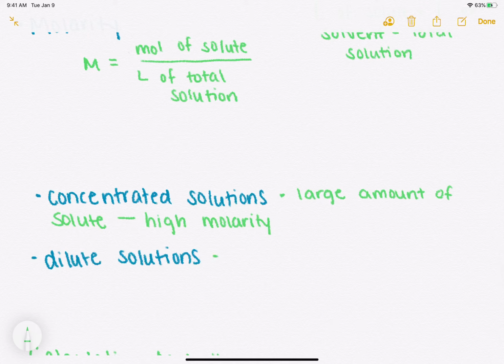And a dilute solution is going to have a small amount of solute, which means it's going to have a low molarity.